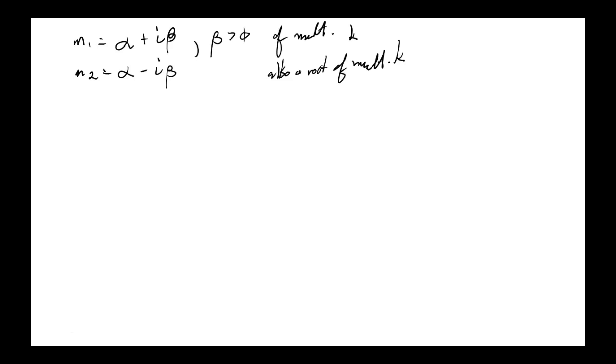Now from those 2k complex valued solutions, k from the first and k from the second, the conjugate, you can get the following complex valued solutions.